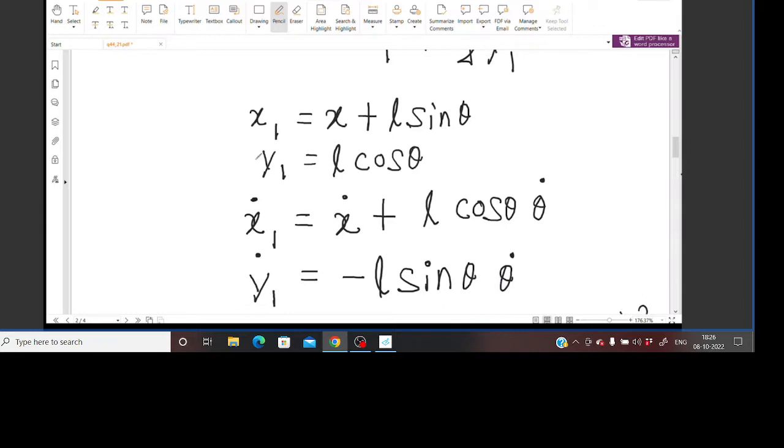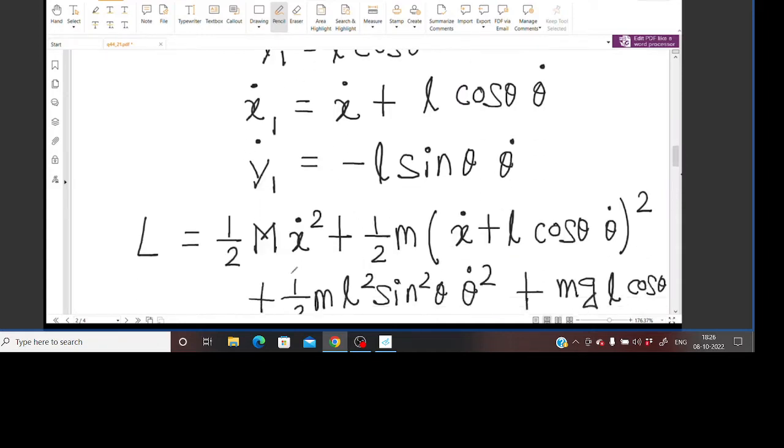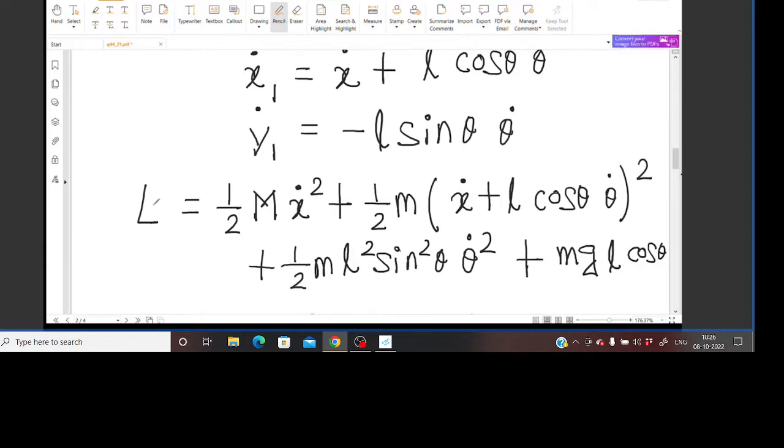Putting the values of x1, y1, x1 dot and y1 dot in the expression of the Lagrangian, we obtain the Lagrangian L equal to half into M into x dot square plus half into m into x dot plus L cos theta into theta dot whole square plus half into m into L square into sin square theta into theta dot square plus mgl cos theta.